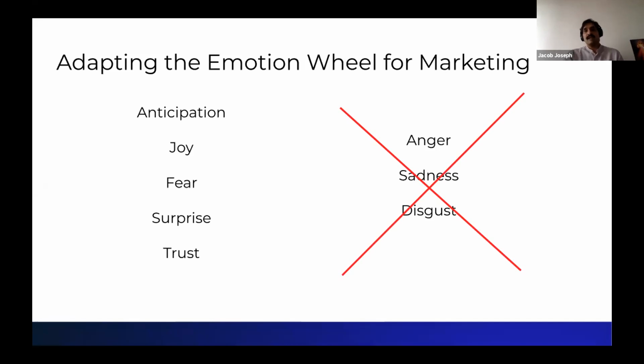Then we thought, are these relevant? Is this marketing lingo? Fear was something which was not in tune with it. So we converted fear to FOMO. What is FOMO? It is fear of missing out. Suppose you're sending a time-bound promotion, it instills a FOMO, fear of missing out. It is closely related to fear though, but in marketing lingo, it is FOMO. So that's how we came up with these 5 emotions, which is anticipation, joy, FOMO, surprise, and trust.